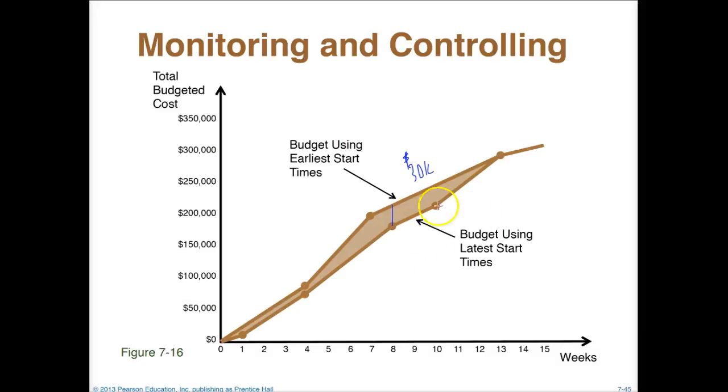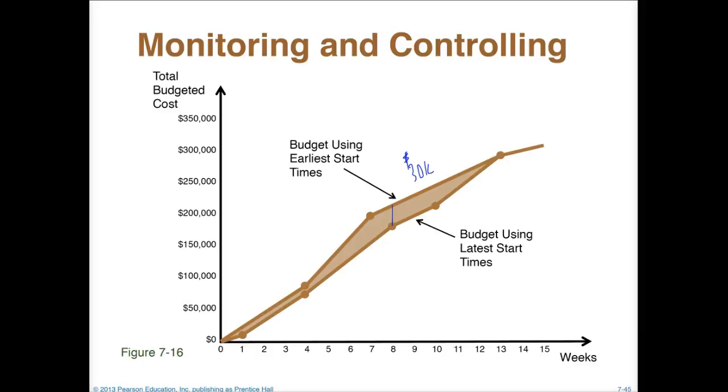We may want to use the latest start time so that we can reserve some actual cash, so that we're spending money in later weeks, because in later weeks we may get some of our accounts receivables back, and from there we have more cash in hand to be able to pay for the expenses of implementing this air filtration system.